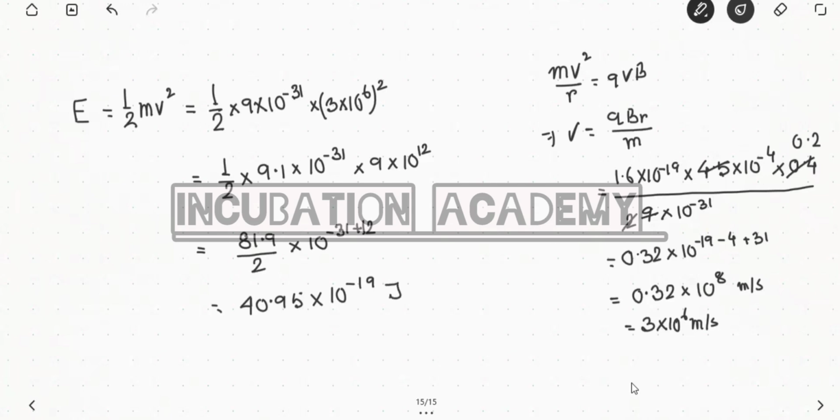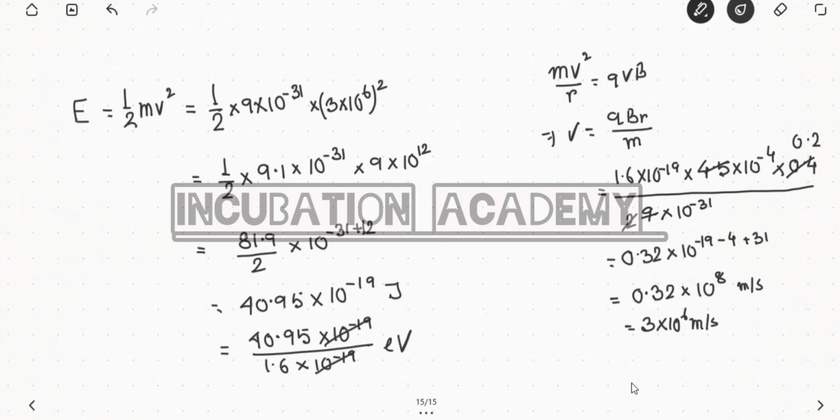If you want to find it in electron volt, that will be 40.95 into 10 to the power minus 19 divided by 1.6 into 10 to the power minus 19, and this is now in electron volt. 10 to the power minus 19 cancels out.